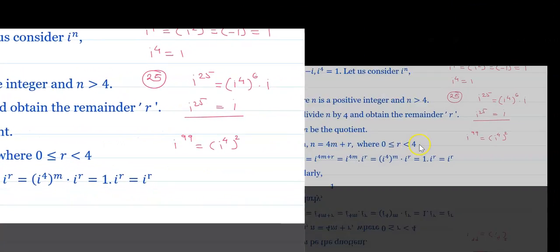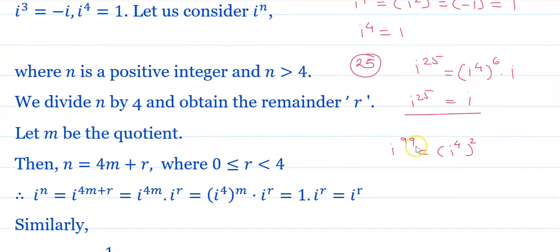Again there will be 19. Okay. And 4 4s are 16. 24. And what is the remainder again? The remainder is 3. 24 into 4 is 96. Again, what remainder? 3 is remaining. Therefore, this is i raised to 3.